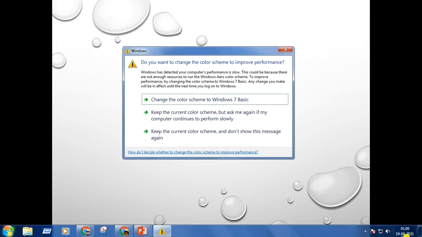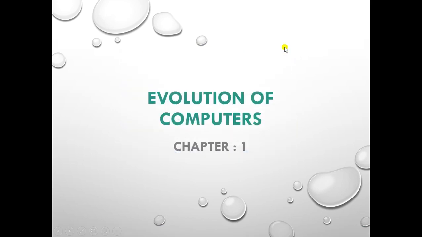Every aspect of life in the present era has been influenced by the most advanced machines known as computers. Earlier computers were used only by scientists and engineers for complex calculations and were very expensive.